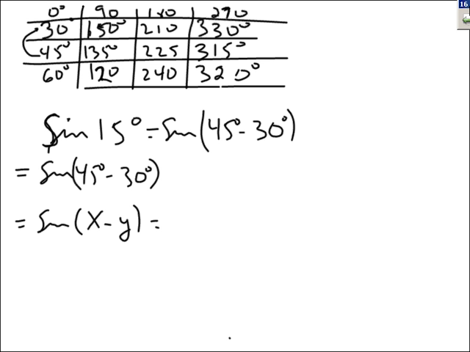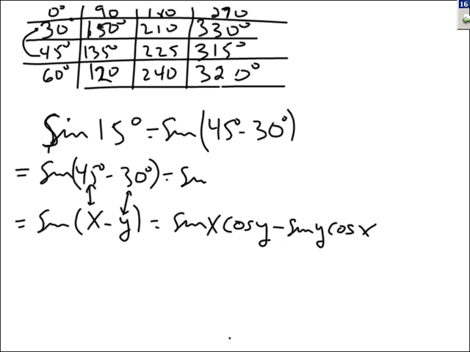Okay, but what is the sine of x minus y? It's the sine of x times the cosine of y minus the sine of y times the cosine of x. x is 45 and y is 30.